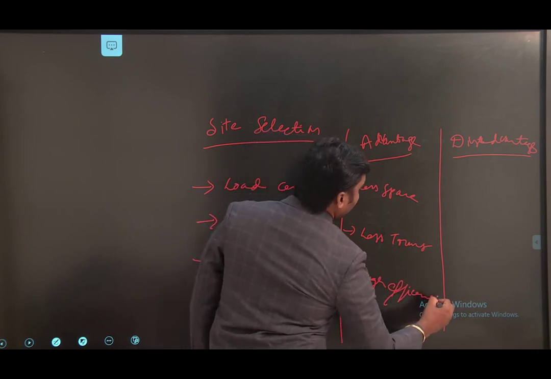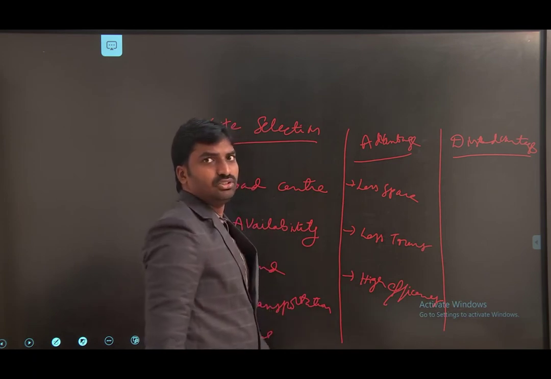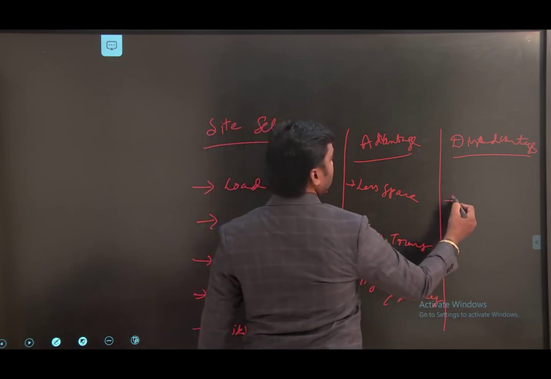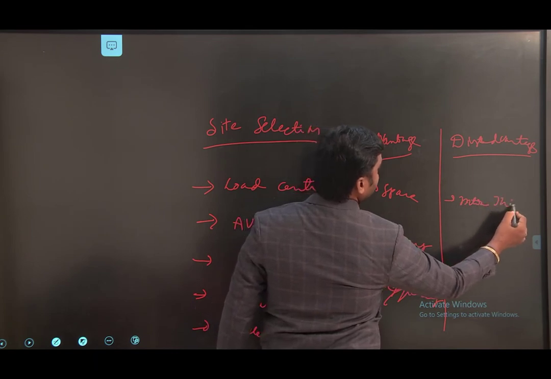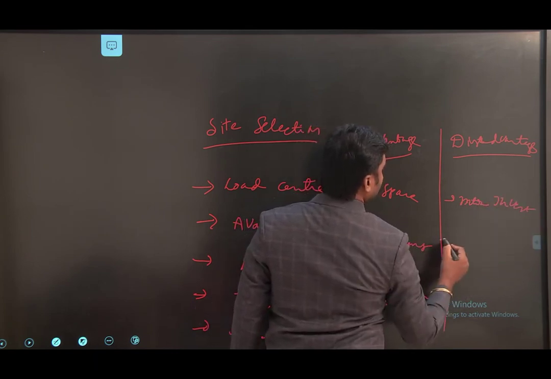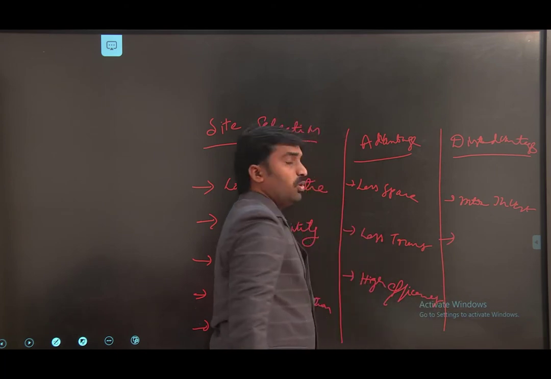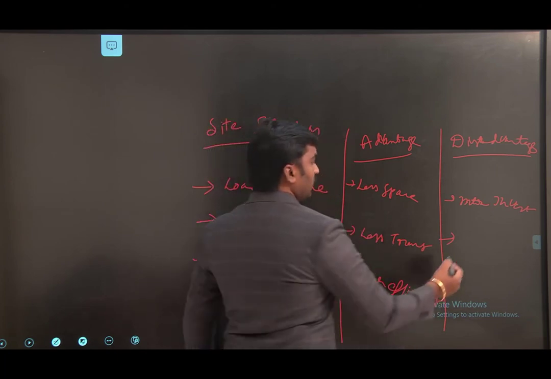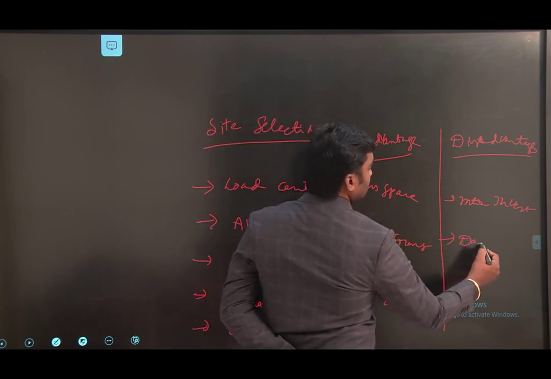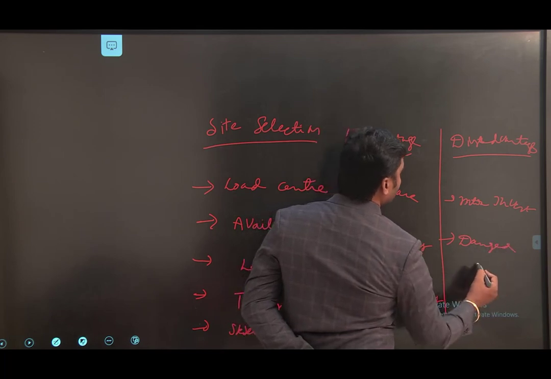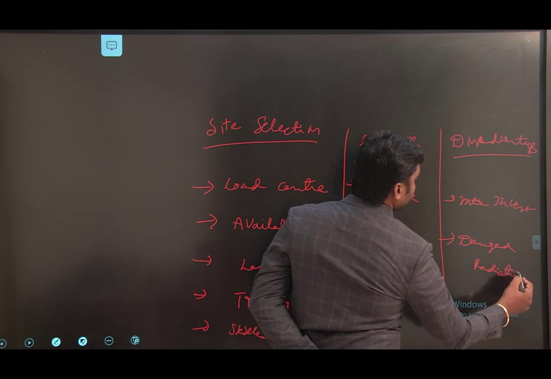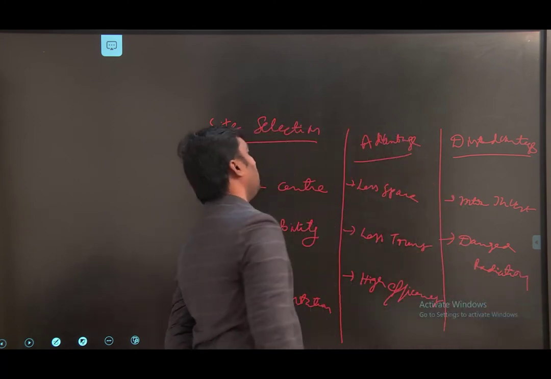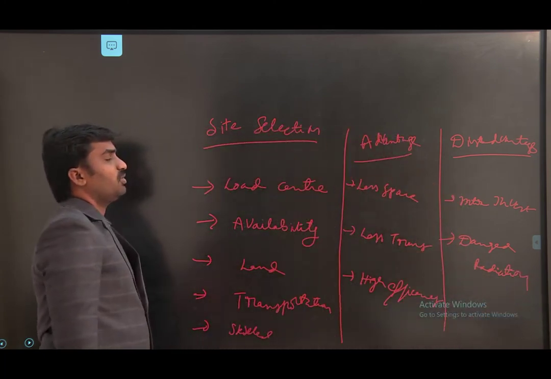At the same time, there are some disadvantages. The initial investment is high. And at the same time, it is more dangerous in the radiation part. Danger in radioactive decay problems, radiations. So these are the main disadvantages of nuclear power stations.